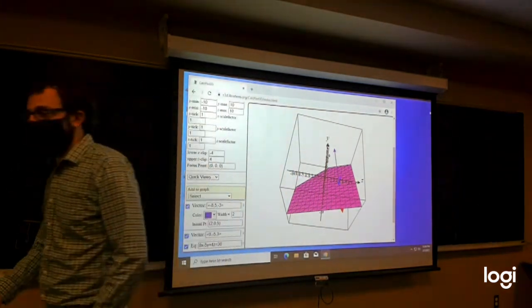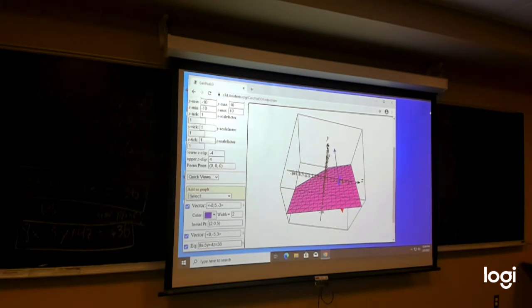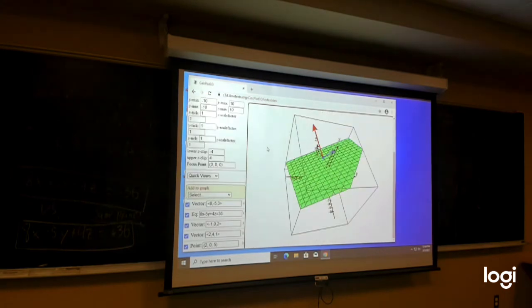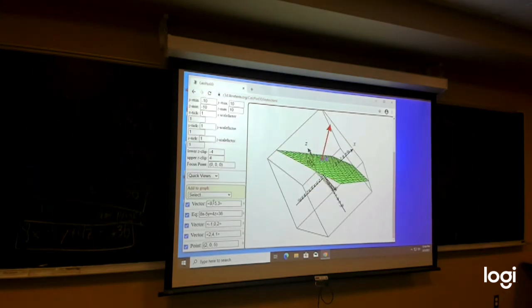Another thing, by the way, we could have done is take any non-zero scalar multiple of our normal vector. So let me get rid of this one. If instead of this normal vector, we had taken half of it and done, say, 8 halves, negative 5 halves, 3 halves, that still would have worked as our normal vector, just would have been a different length.